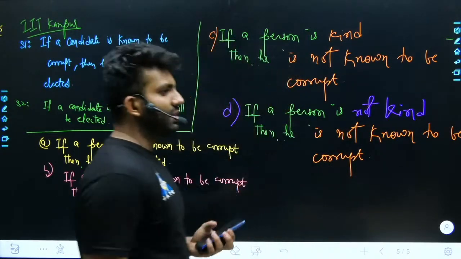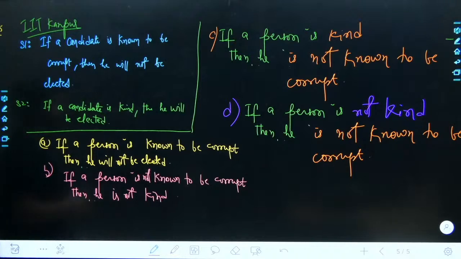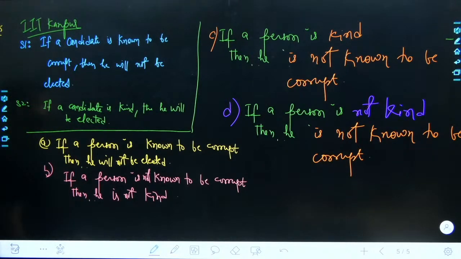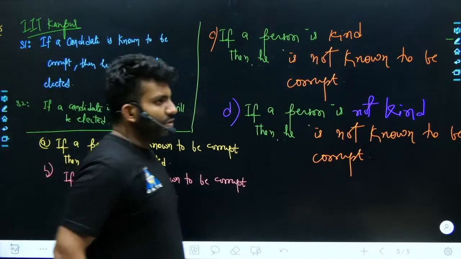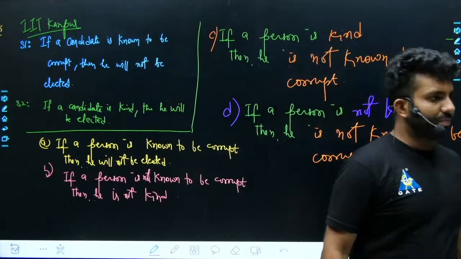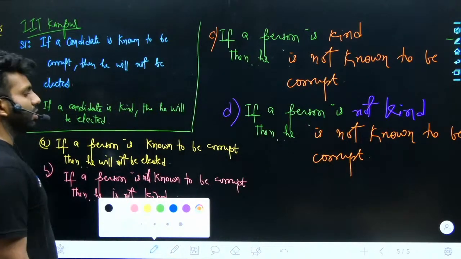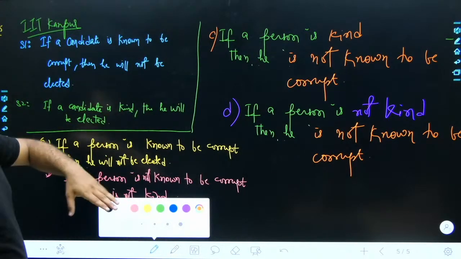So these are the options I have, and these are the important statements given to me. I need to tell which of the options A, B, C, D are correct, whether I can draw the conclusion or inference from these two.